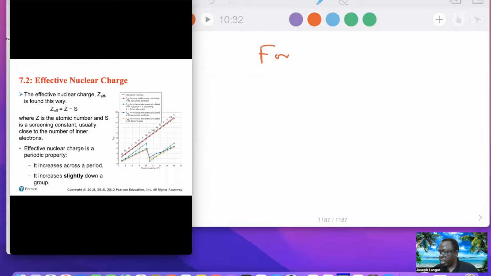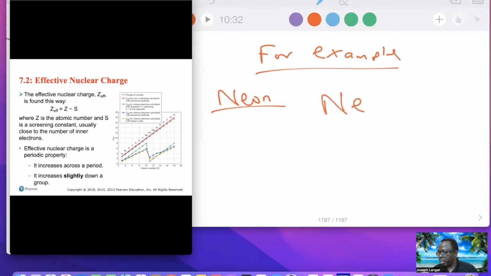For example, let's use magnesium, Mg, which has 12 protons.